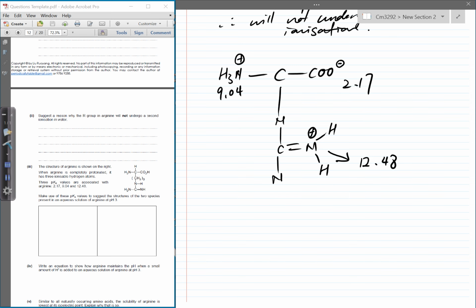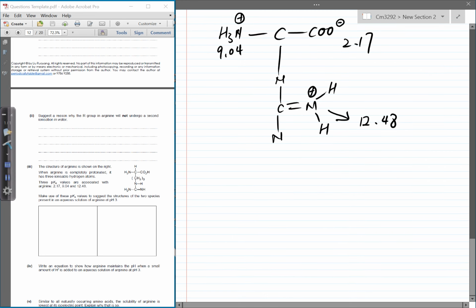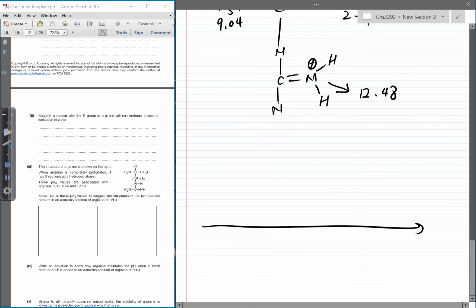But how come there can be 2 species present in an aqueous solution of arginine? If you can recall from the last lesson, when I drew the pH line, I told you that there can never be a point whereby you have 100% of these species. It's always a mixture, otherwise it won't be called equilibrium.